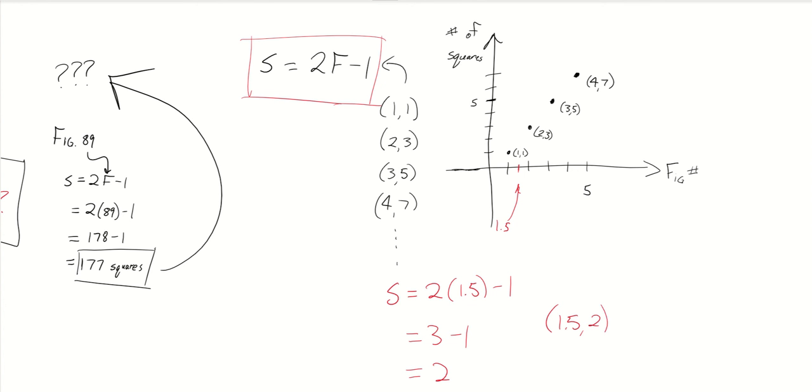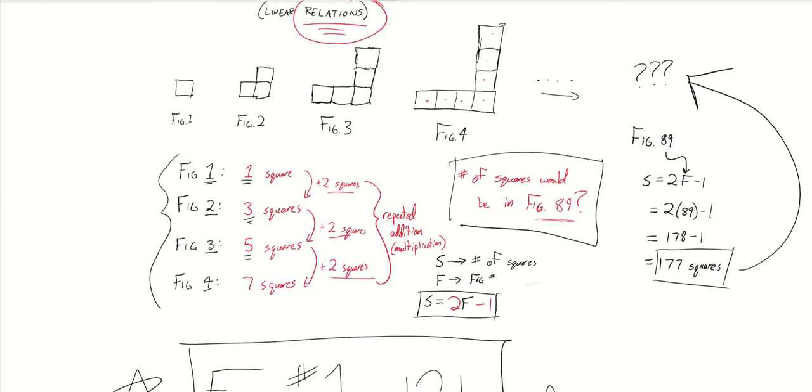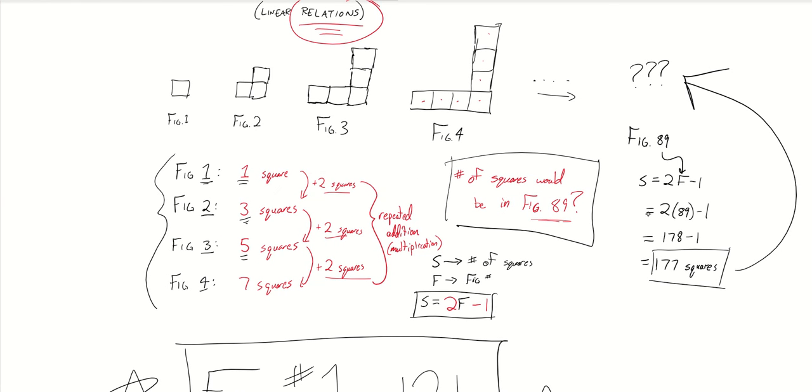The point 1.5 and 2 should be right here. But no, it shouldn't. And the reason for that is because this relation carries meaning. And we can't define a meaning of figure number 1.5, right? We are listing our figure numbers by whole numbers here. Figure 1, figure 2, figure 3, figure 4. There is no figure that is defined in between them.